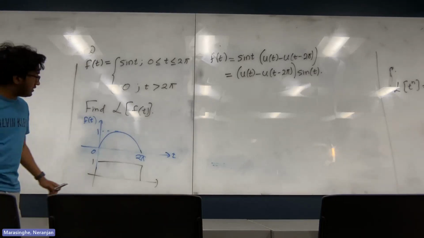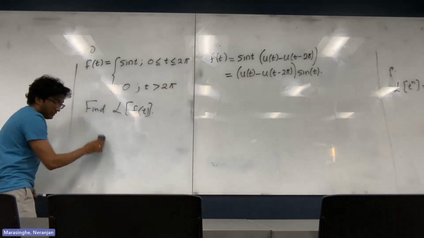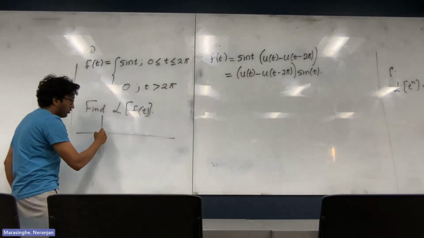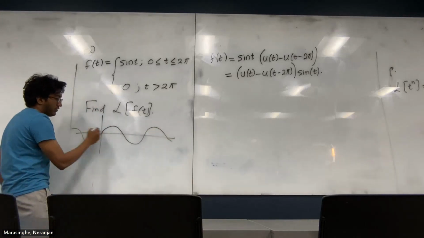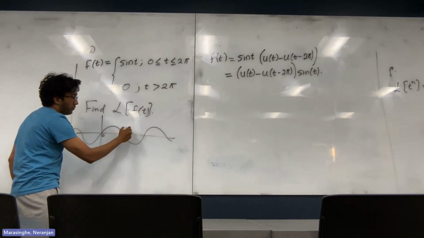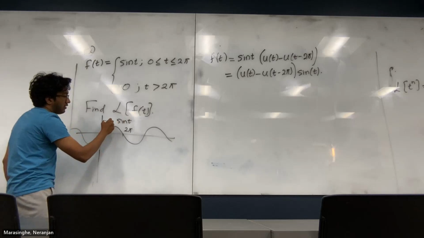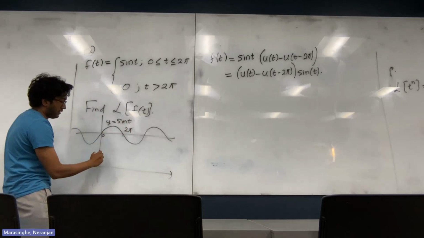If I explain that further, this is what is going to happen. What is the graph of sine t? It would go like this, 0 and 2 pi. This is sine t. What is u(t minus 2 pi)?